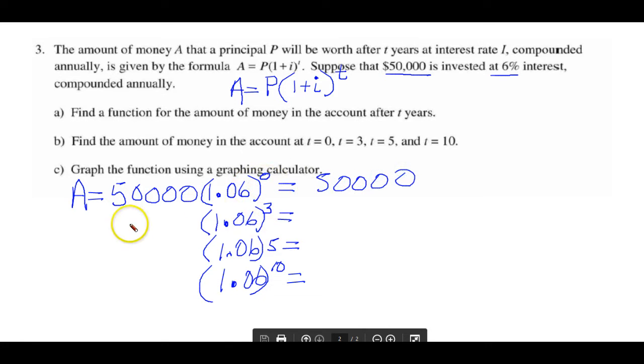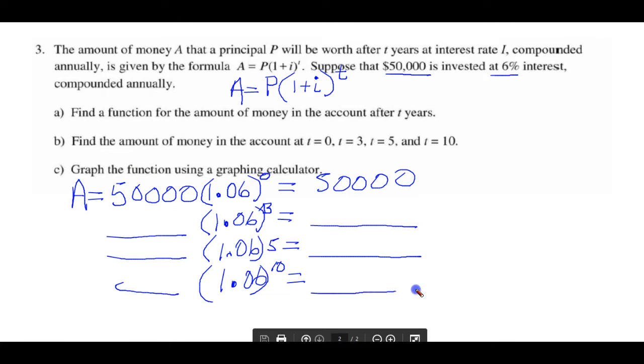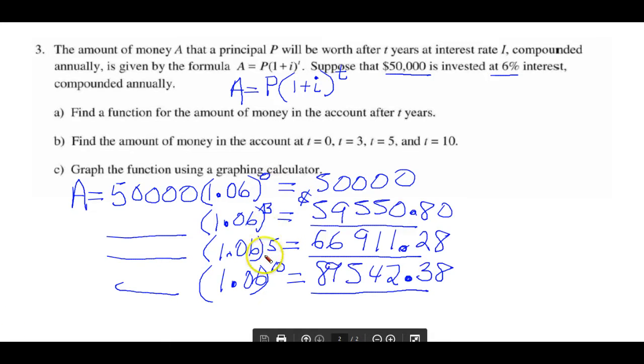Now, in doing these next 3, you put 1.06 caret 3 in your calculator and then multiply it by 50,000, and that will give you the answers. And these are all down below, and you should try them out to see if in fact you get these answers. Okay, I put these in my calculator and I got this. So you can check your work.